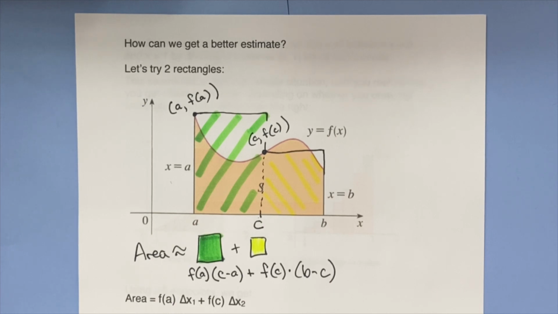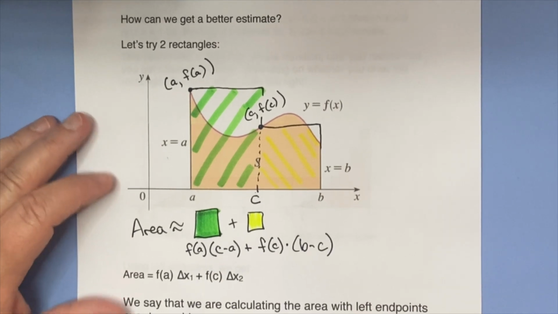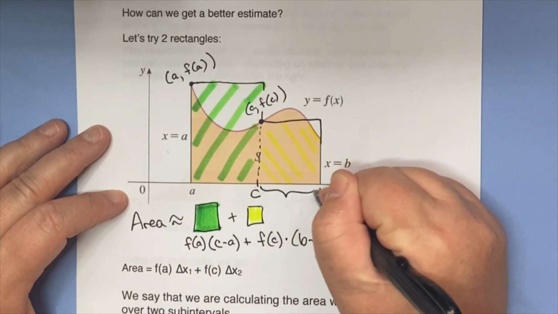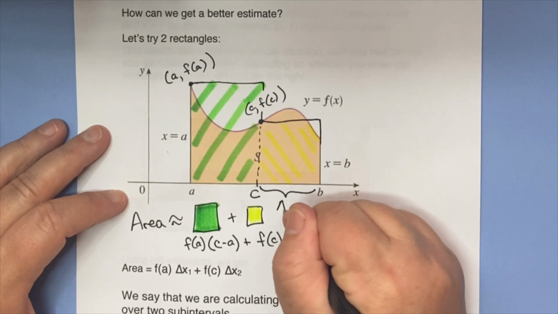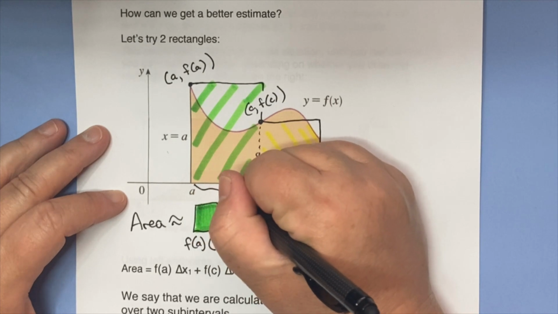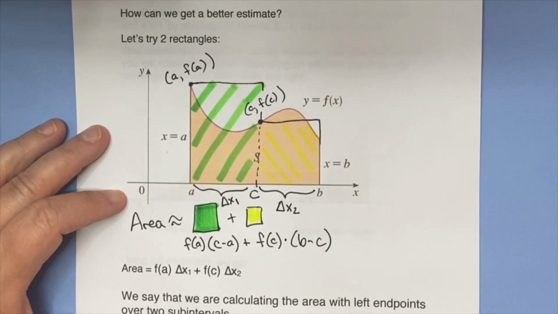And rather than worrying about C minus A and B minus C and all that, what I can do is bring in a Greek letter, and the Greek letter is delta. And so I'm going to say this distance is delta x2. And I'm going to say this is delta x1.